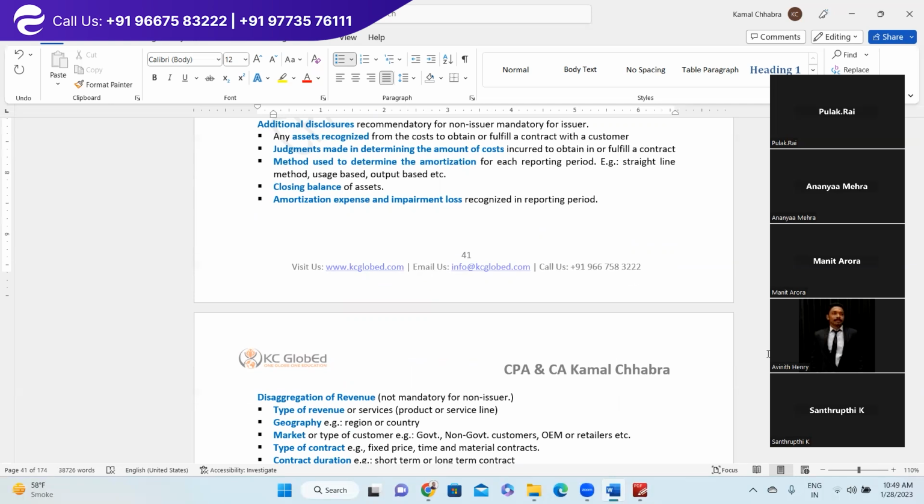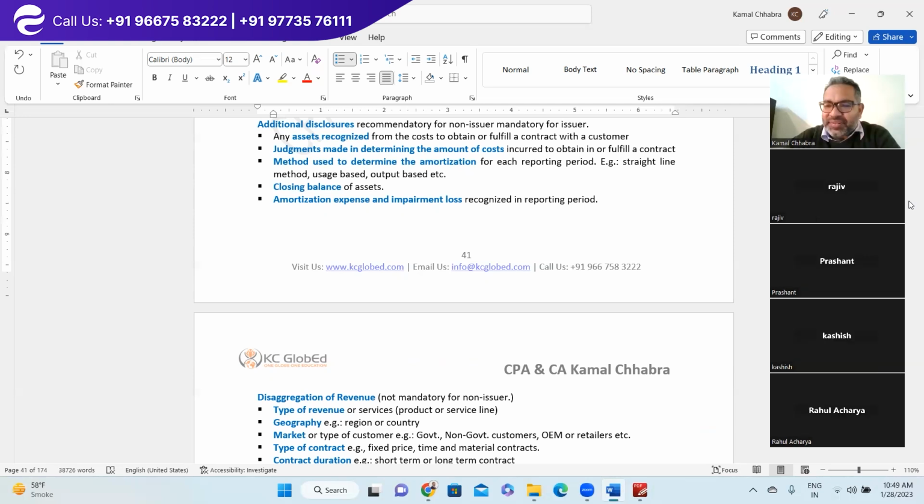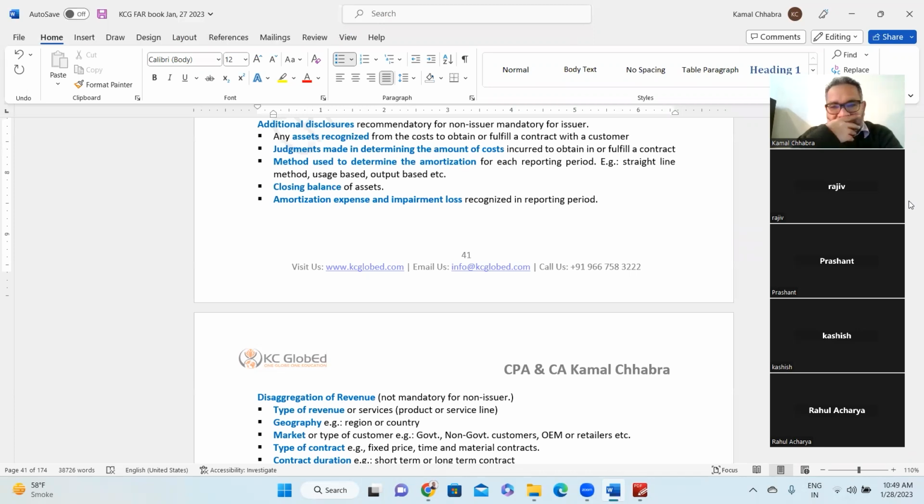What is contract asset? Do you guys remember? Pulak, Ananya, Avneet, Rajiv sir, Prashant, Kashish, Rahul. Do you remember what is contract cost, which we have discussed? I read it but can't recall. What all comes in the contract? What is contract cost basically? If I say, very basic question.